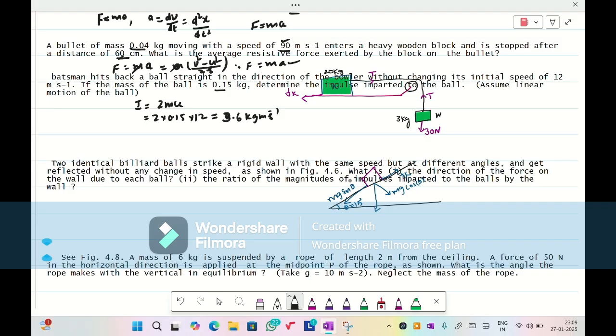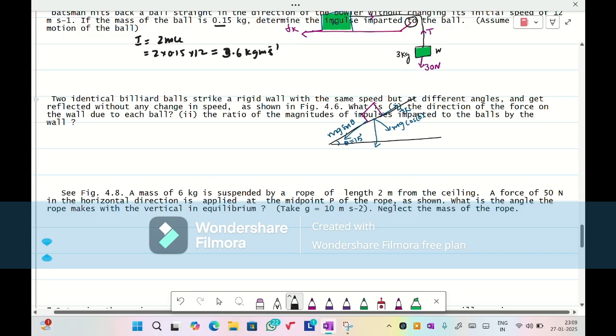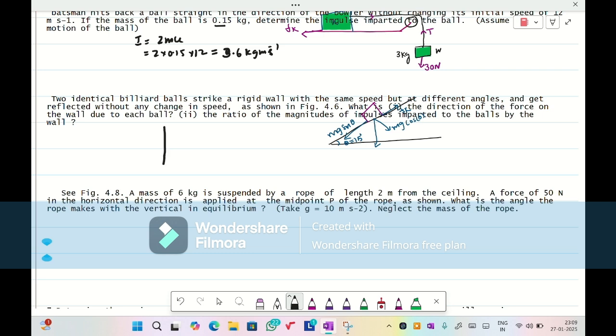Now again, identical billiard balls are given, and we need the direction of the force on the ball. Before that, here is the question diagram. So the billiard ball is coming, hitting, and rebounding perpendicular to the wall. In the earlier case the change in momentum is equal to 2mu. Here the initial momentum is equal to mu, and the final momentum is also mu only.